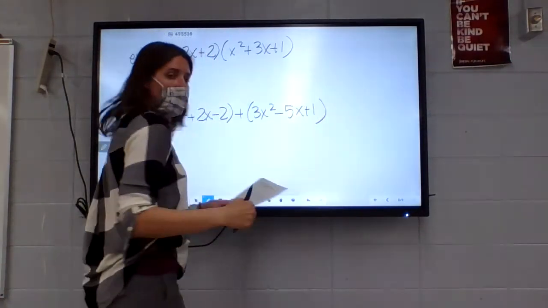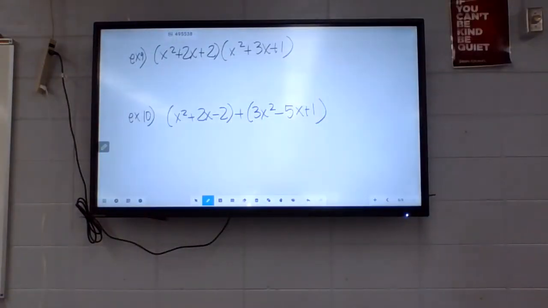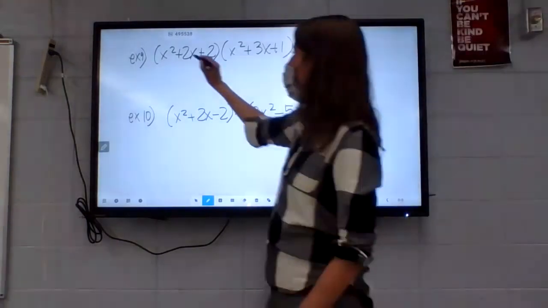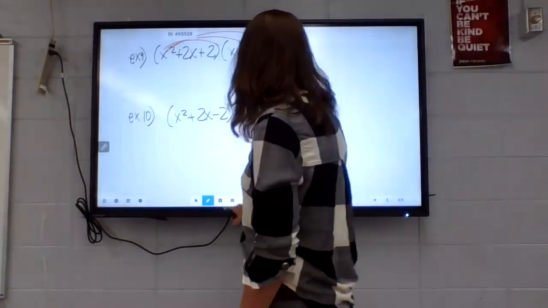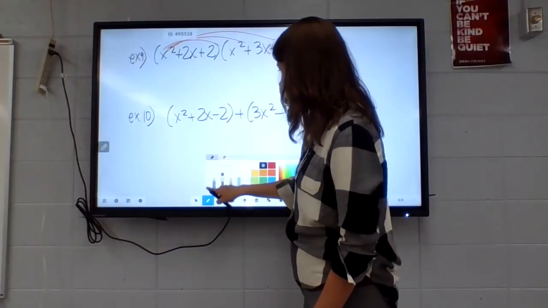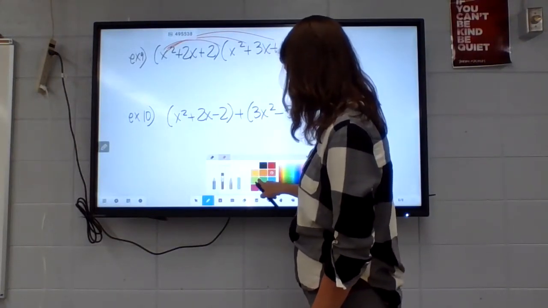Now, if you wanted to do 9, you could. If there's one like 9 in our homework, I'm going to cut it out. I'll just double check. But in number 9, this is like FOIL on steroids. We would have to multiply this times all 3. Then I would switch colors because it's hard to see otherwise.